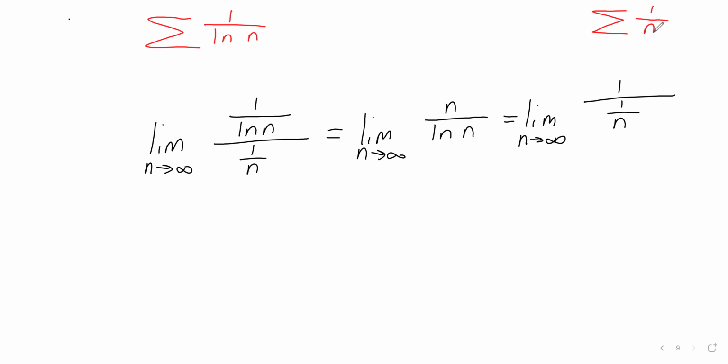The derivative of n is 1. The derivative of the natural log is 1 over n. The limit as n goes to infinity of n equals infinity. You can call it, I mean, the rule isn't failing exactly.